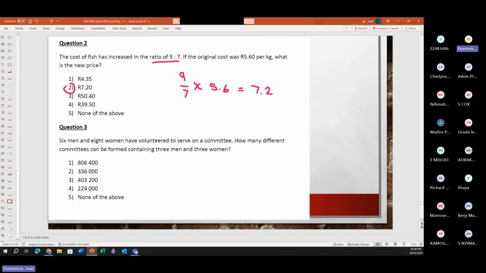But that would be a decrease. If you look at the ratio, it must be 9/7 because it is an increase in cost. Okay.